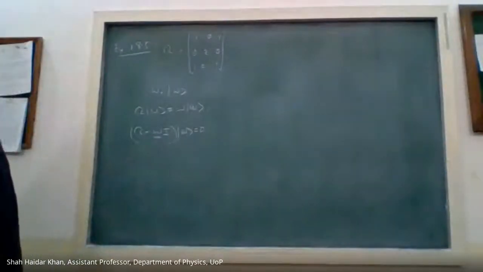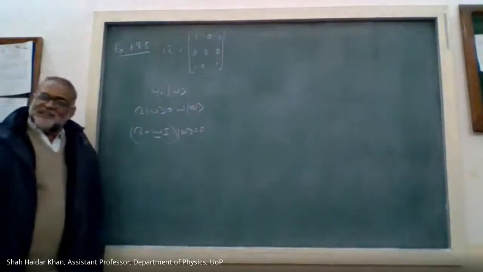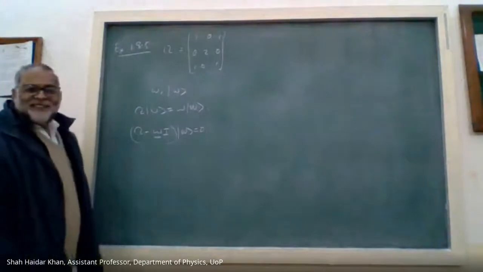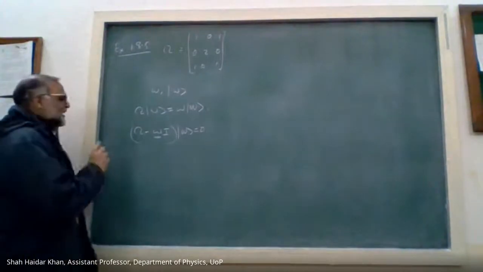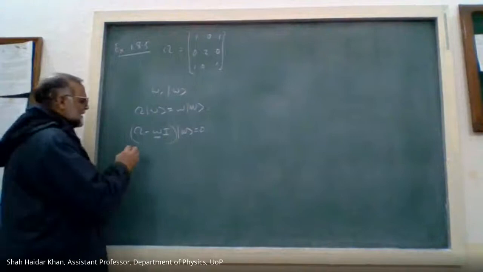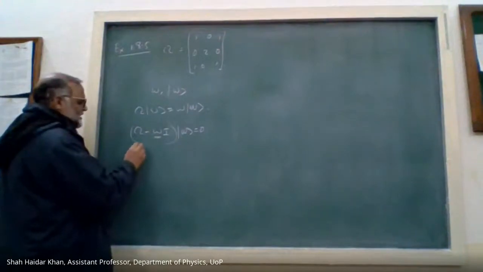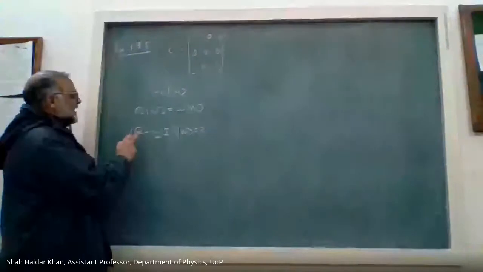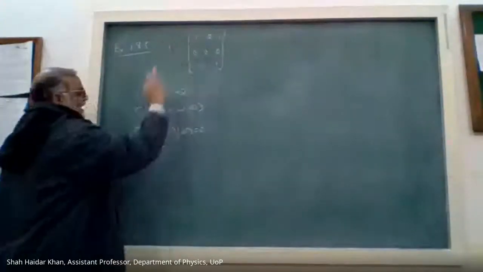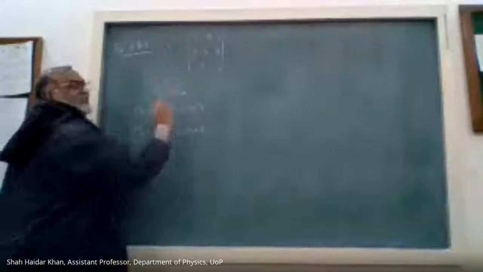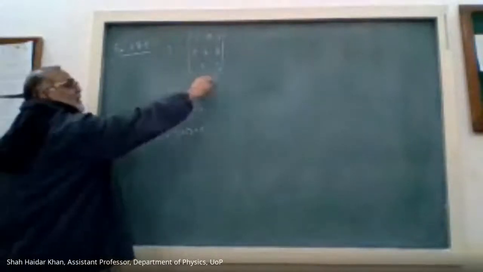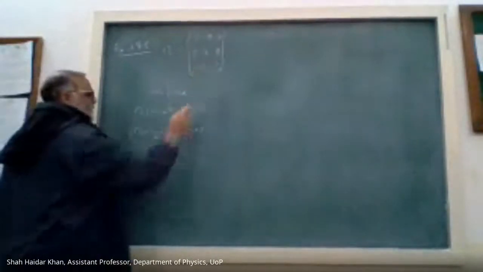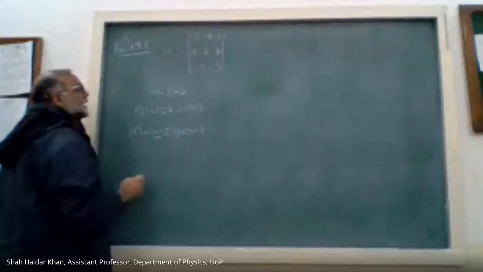right? We have to find the characteristic equation in the matrices. It is the determinant of this. So this would be 1 minus omega, 2 minus omega, 1 minus omega, subtracted from the diagonal, right?